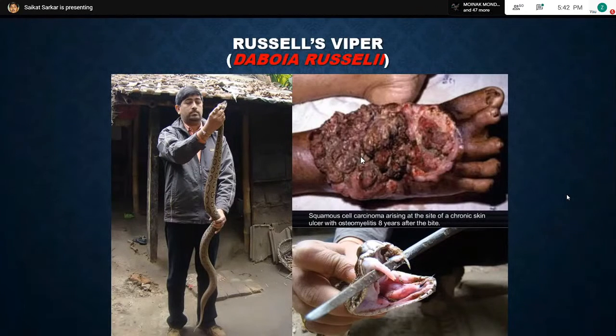Your body fails to bring back normalcy in the region that was destroyed by this venom. Everything it comes across, your bone, your cartilage, your muscles, all the components of your tissues, this venom has almost all the components to digest you alive. So the region bitten by this particular species is going to be very disfiguring if not treated early.